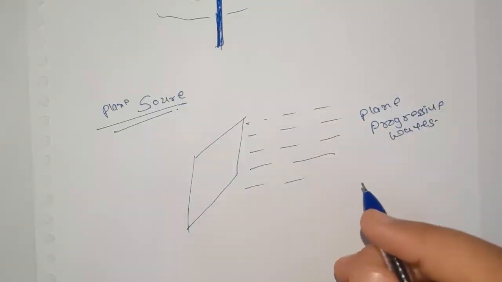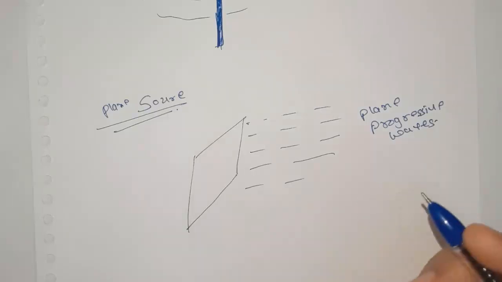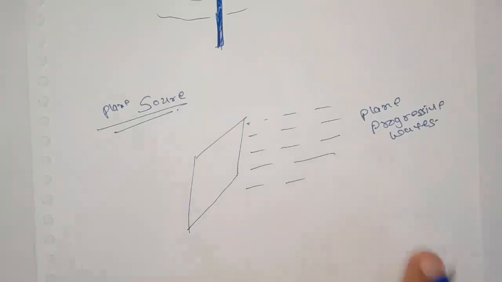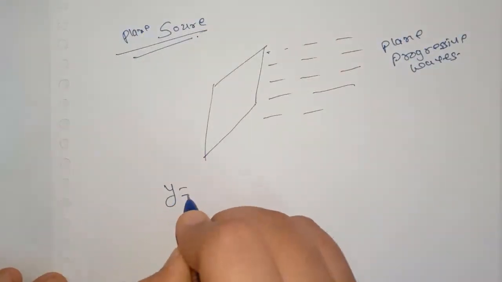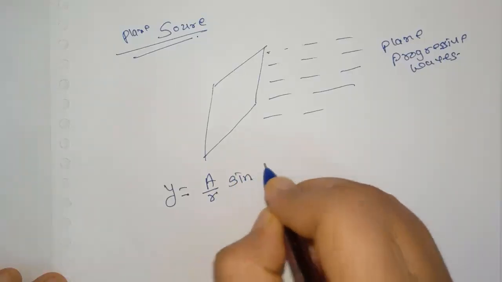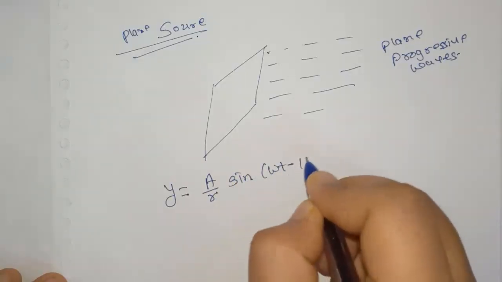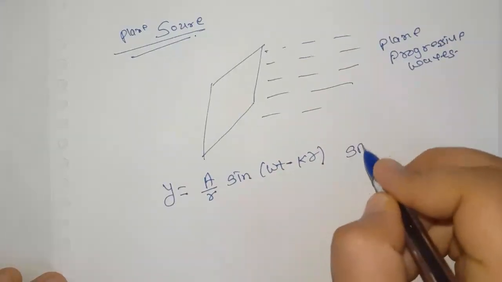In our syllabus, we are just asked to recognize the equations of the spherical and cylindrical waves. Here, y is equal to a upon r sine of omega t minus kr. They represent the spherical waves.